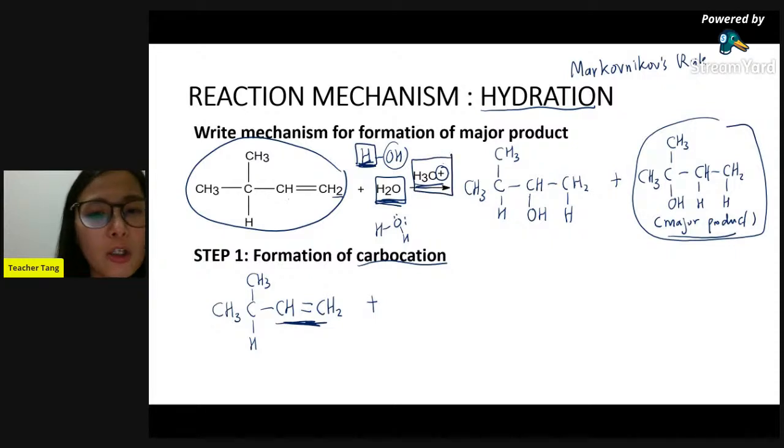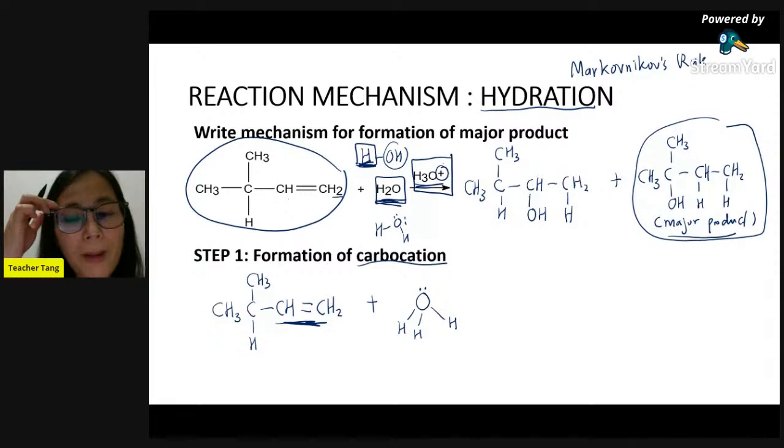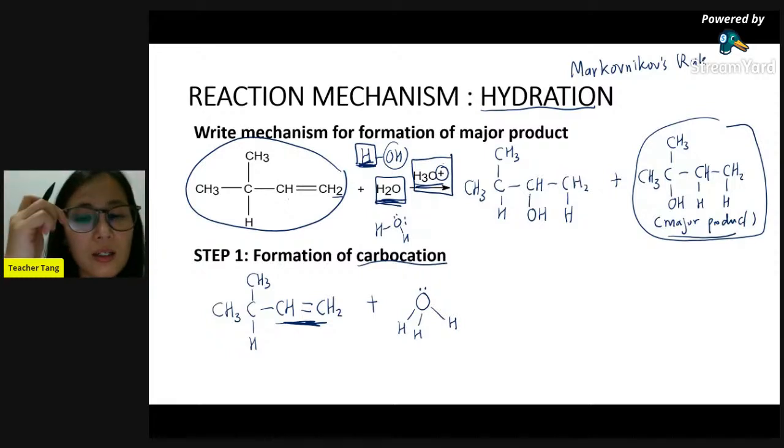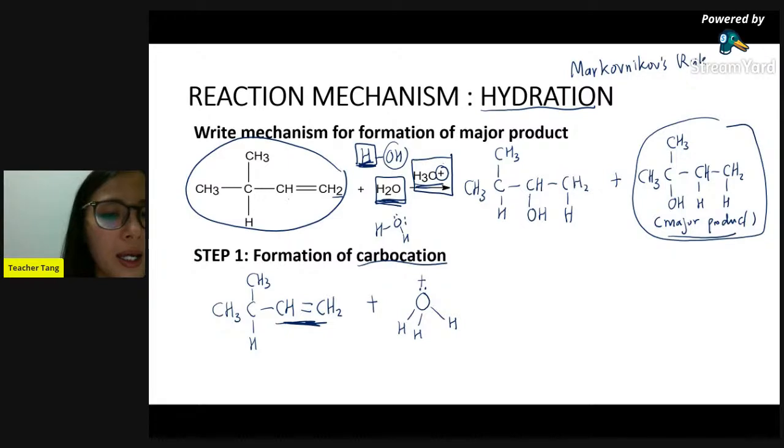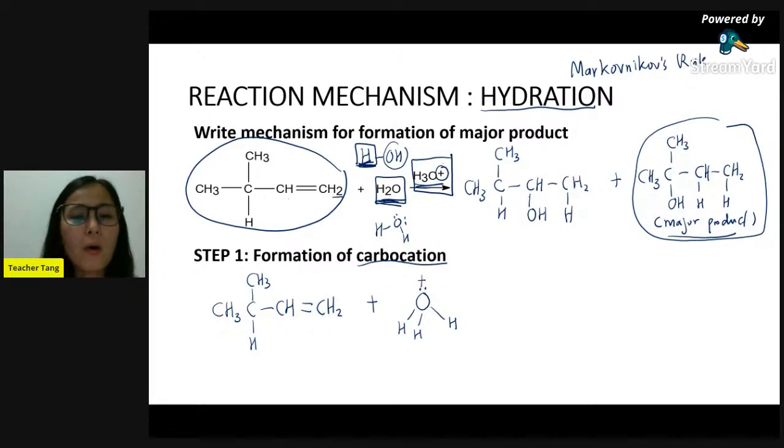So how to draw H3O+? Oxygen. So 1 lone pair. Okay, so this one 1, 2, 3, 4, 5. 6 valence electron minus 5, so positive 1. Okay, so now to form carbocation ion, okay, again involve bond forming and bond breaking.